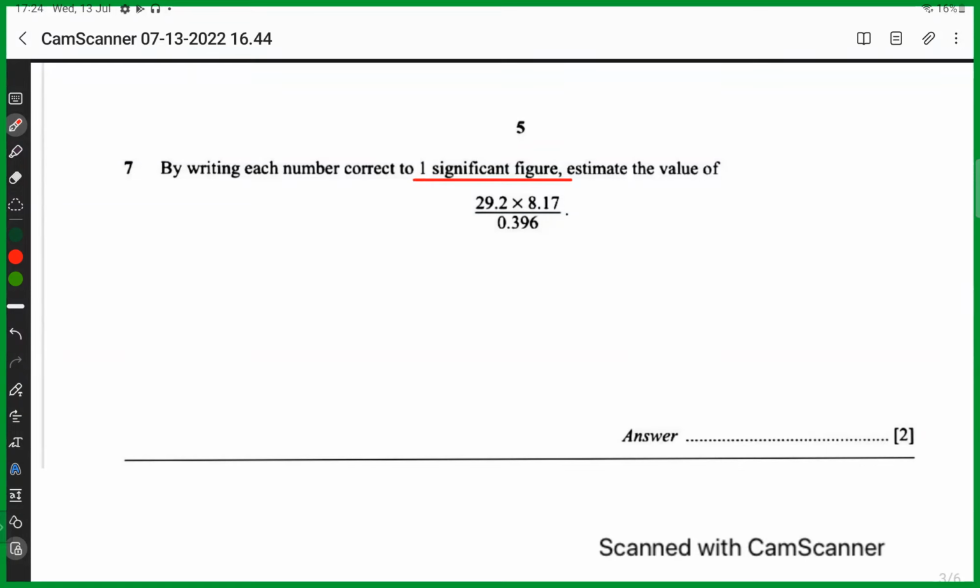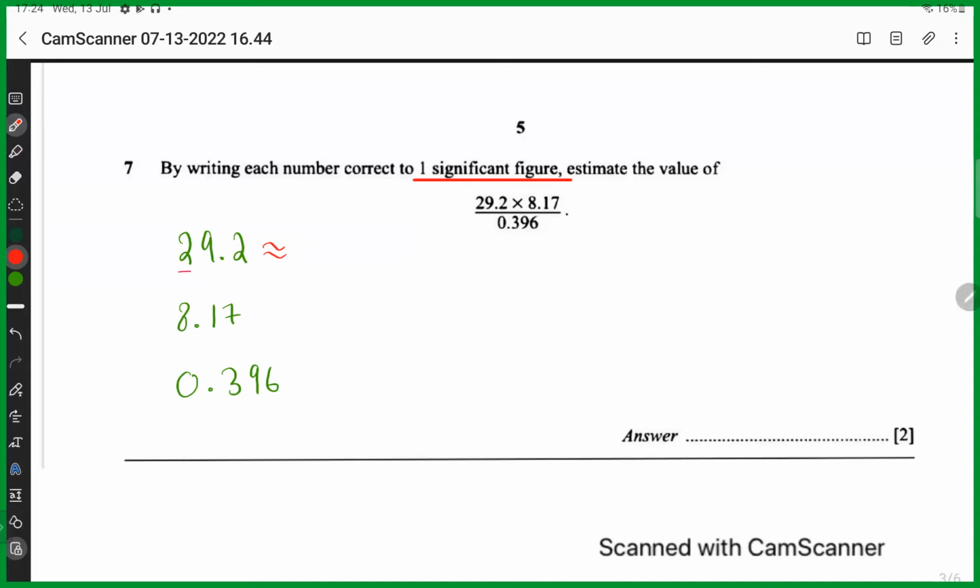So when we write every number to one significant figure, let's see what would happen. The numbers are 29.2, 8.17, and 0.396. 29.2 when converted to one significant figure would become what?